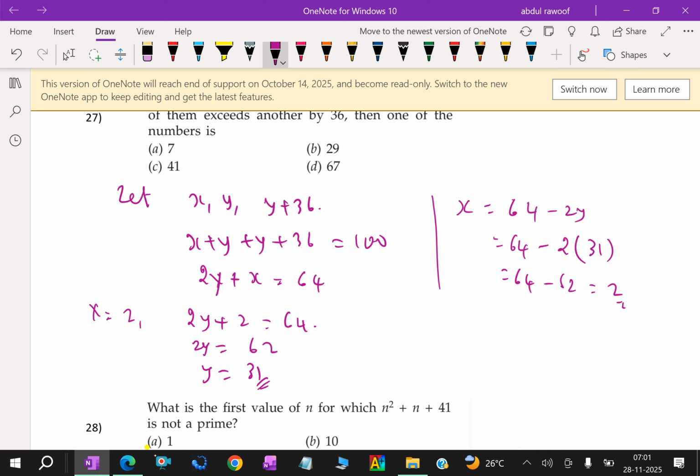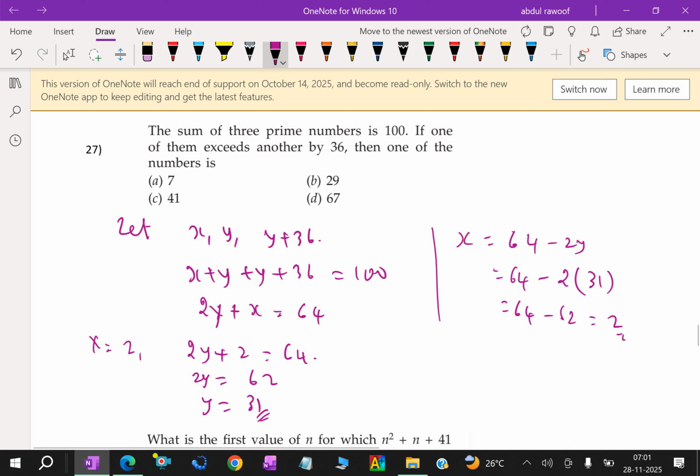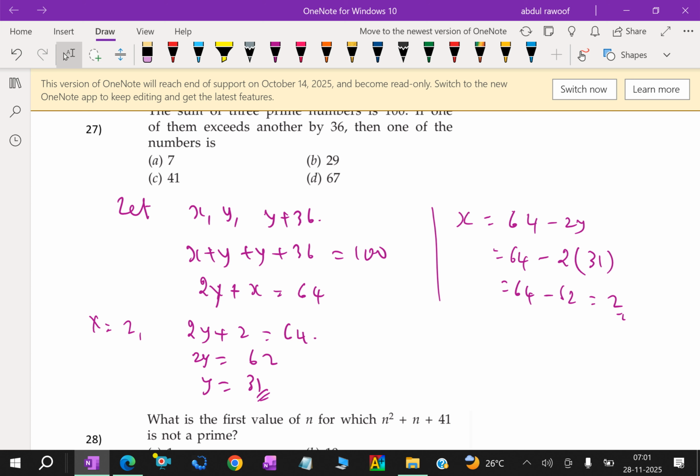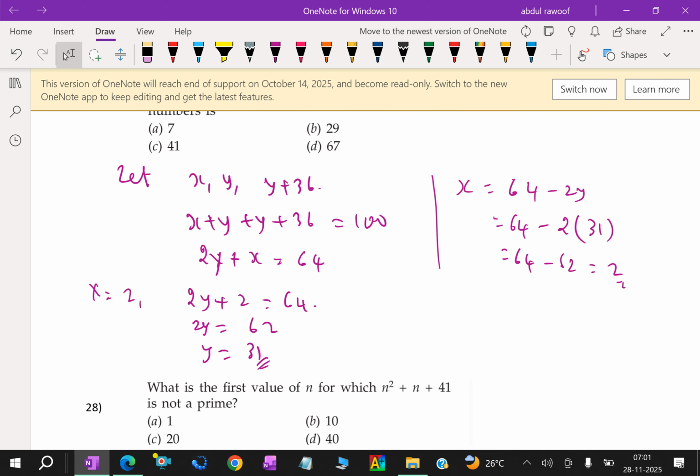Therefore we have X is 2, Y is 31. So the prime numbers are 2, 31.